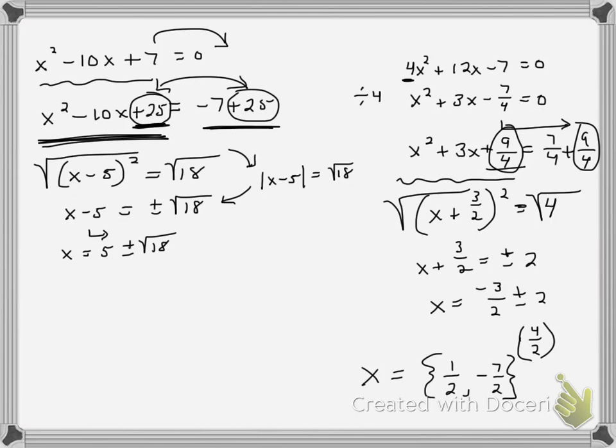There's another way, of course, you can do it, and that would be looking at it with decimals. So let's do that for our last example. Again, I'm back up to my original problem: 4x squared plus 12x minus 7 equals 0. Take that to the right side. Well, actually, let's just go ahead and divide it first. Divide by 4, just like we did. x squared plus 3x equals 7/4.